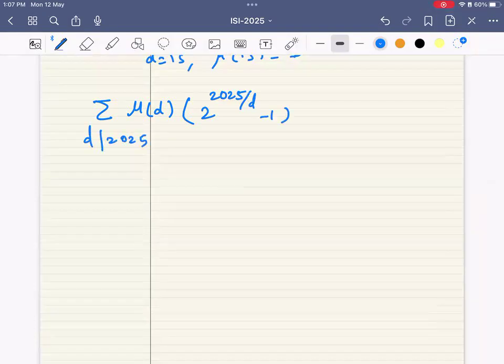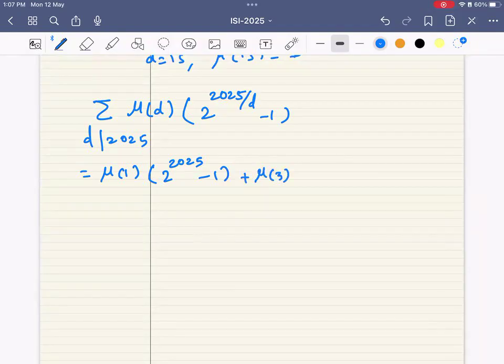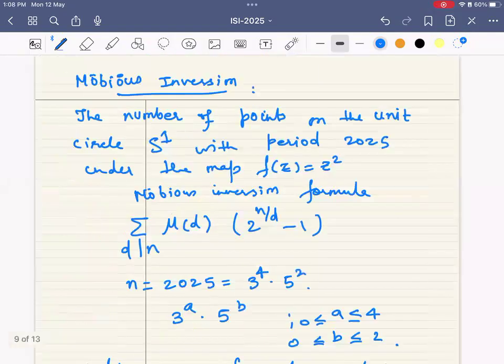So this is equal to mu of 1 into 2 to the power 2025 minus 1, plus mu of 3 into 2 to the power 2025 by 3. So 2025 by 3, what was this number?